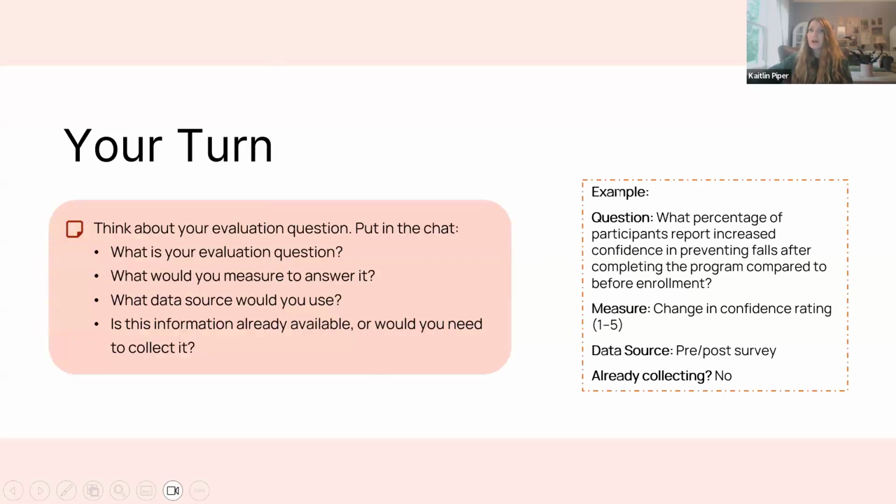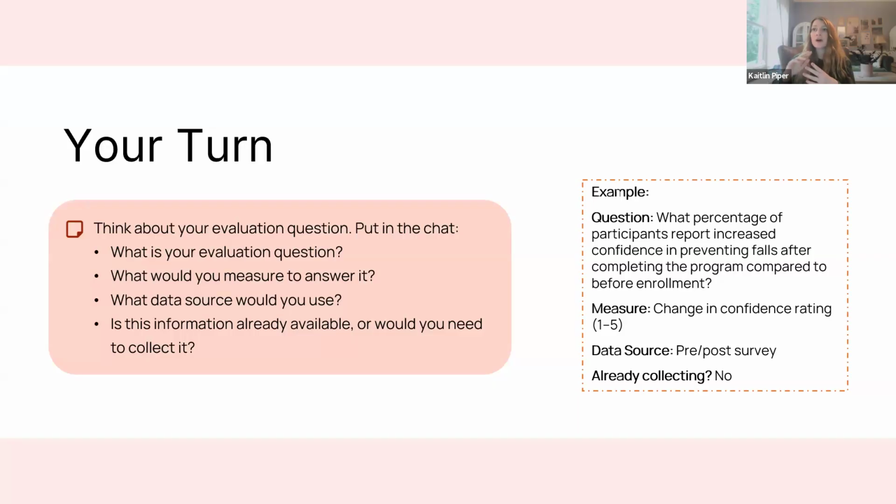All right, so now let's try to put everything that we learned together into one package. So up until this point, we talked about the evaluation purpose, how to write a strong evaluation question, and how to identify measures and where the data can come from. So now I'd like you to apply that process from start to finish.